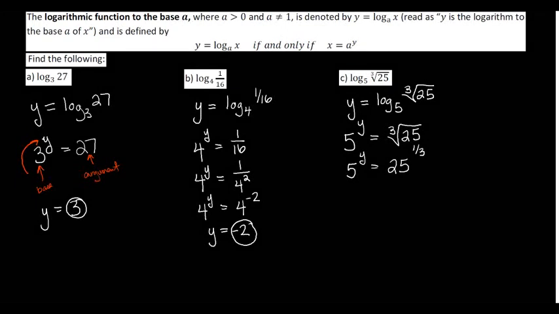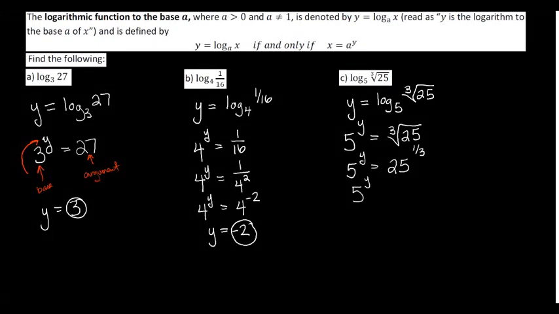Now we'll change the 25 to 5 squared, multiplying by the 1/3 that was already there. And simplifying this through, we get 5 to the y equals 5 to the 2/3. Now that we have the same base, y equals 2/3. So the exponent that I needed on 5 to give me the cube root of 25 would be 2/3.